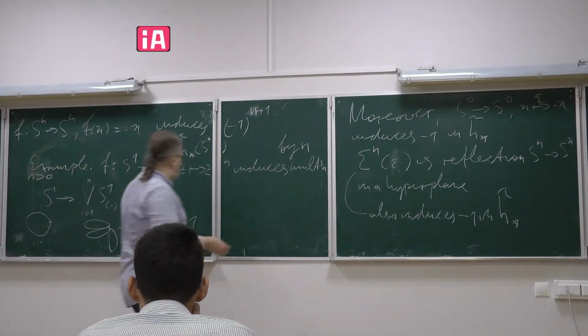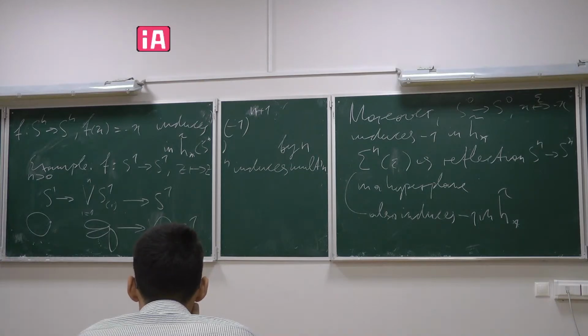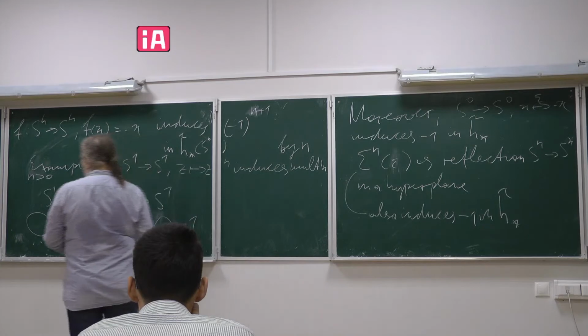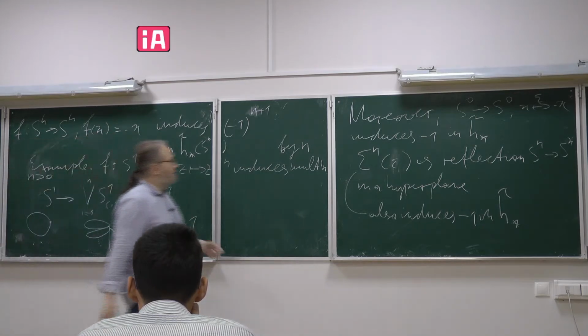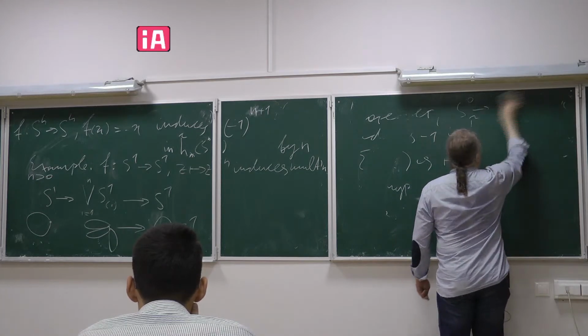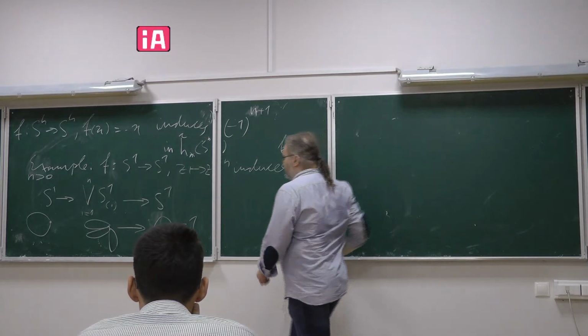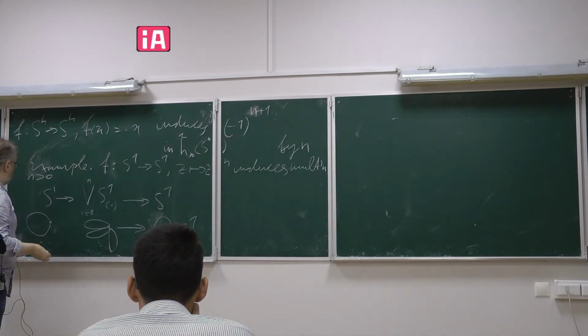Now let's see what happens on the level of homology. We have the homology of the wedge, which is a direct sum, and so on and so forth.